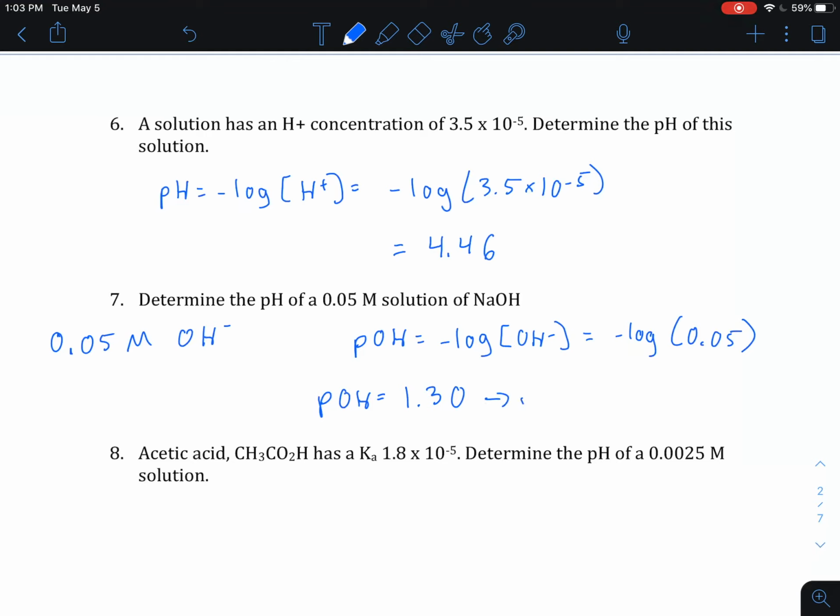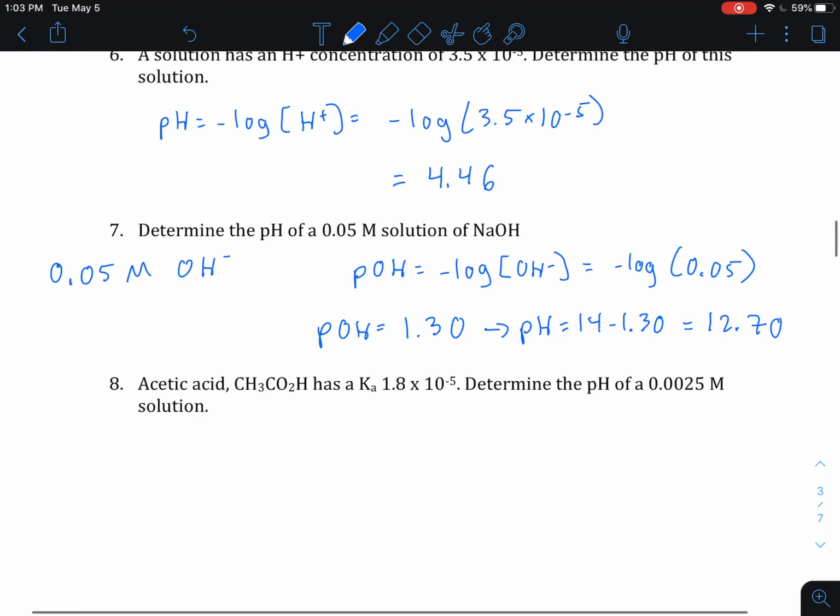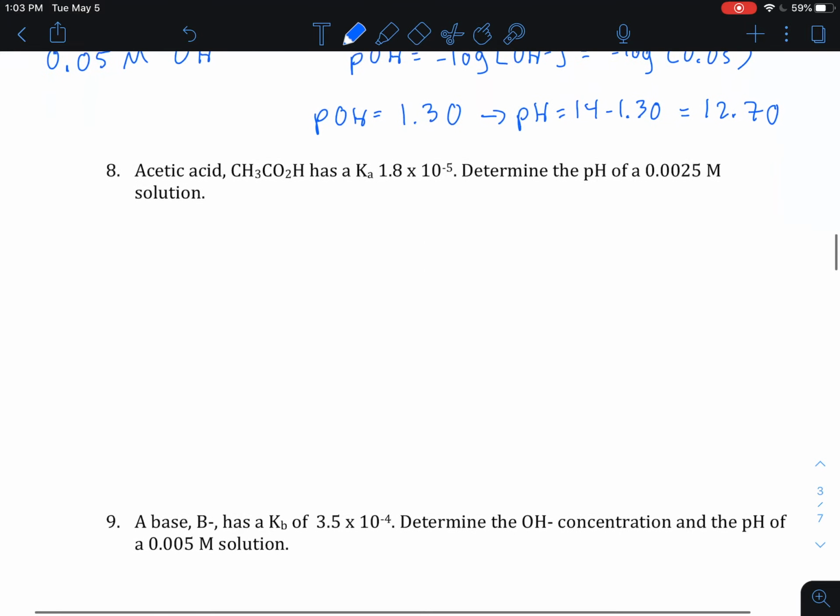So from there, we'll get a pOH value of 1.30. So that means pH is 14 minus 1.30. So it'll be 12.70.